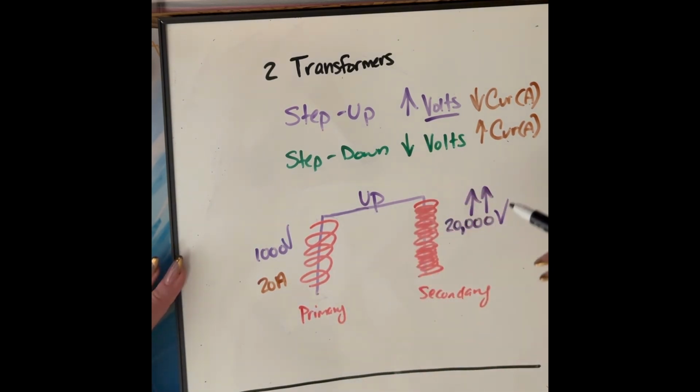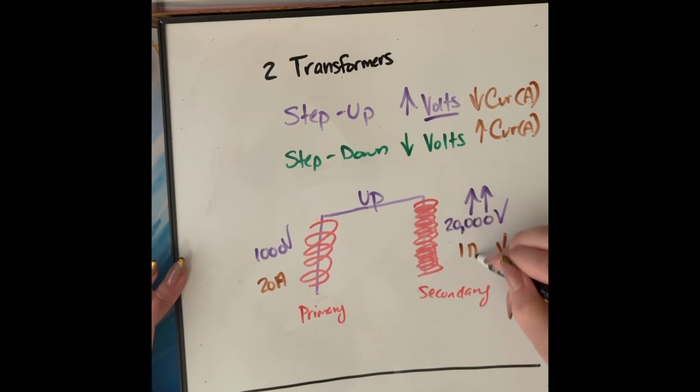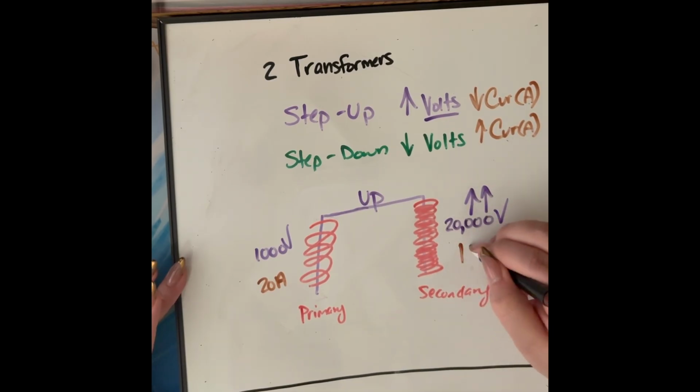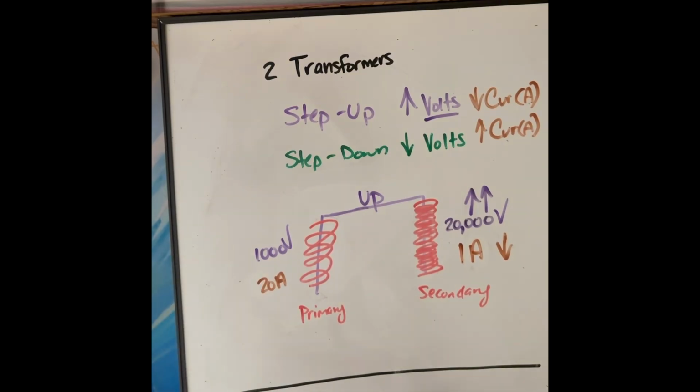If our voltage went up, we should expect our current to go down. So let's say we went to 1 amp here. So our voltage goes up, our current goes down on a step up transformer.